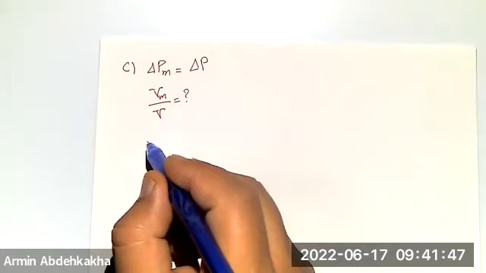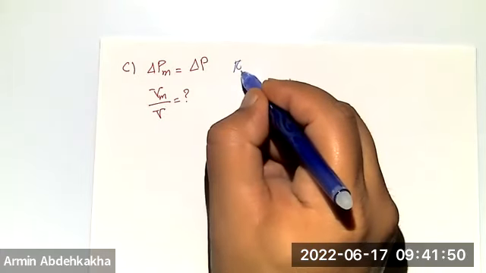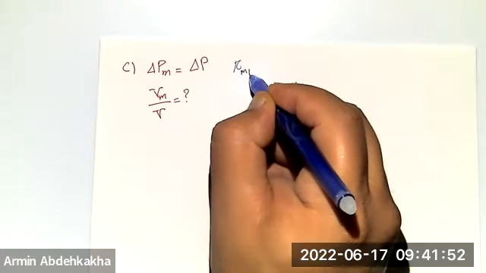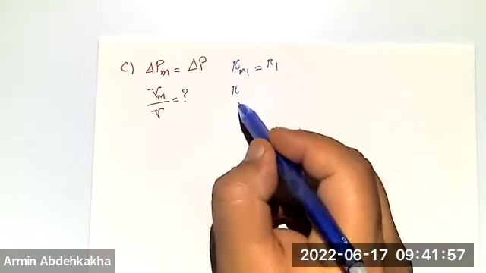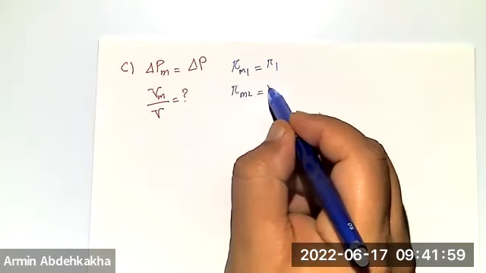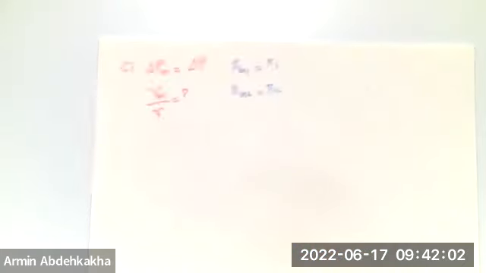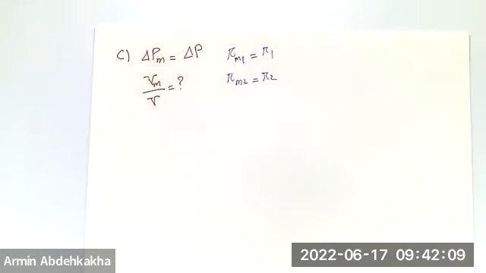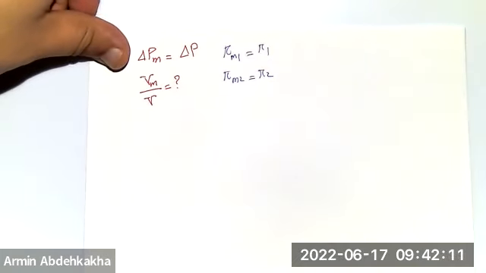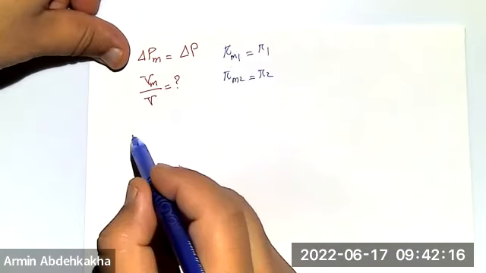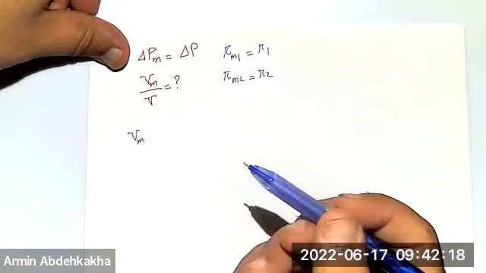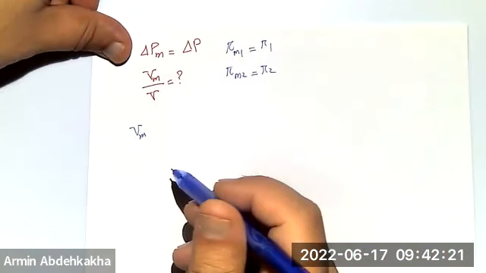But we know that the pi 1 of the model should be equal to pi 1 in the real case, and pi 2 of the model should be equal to pi 2. These two should be valid. That's one of the results of the pi theorem. If you use pi 1, VM is part of it, because pi 2 is d over d and doesn't work right now.